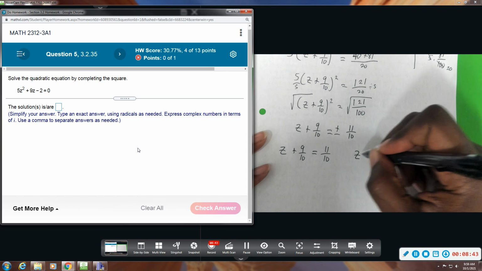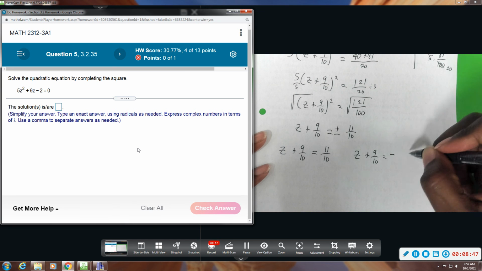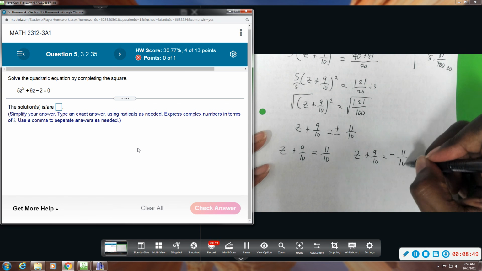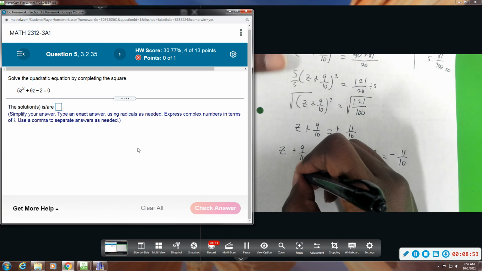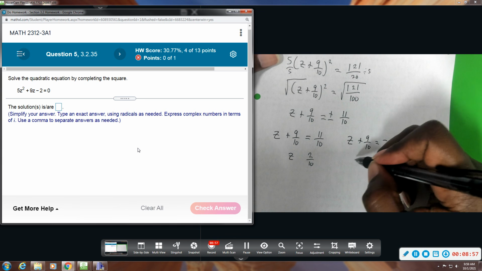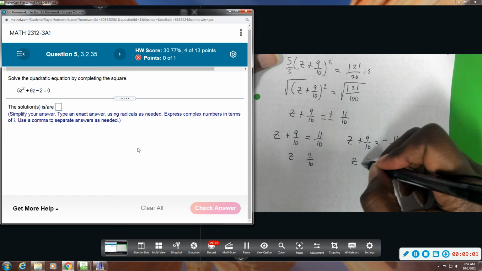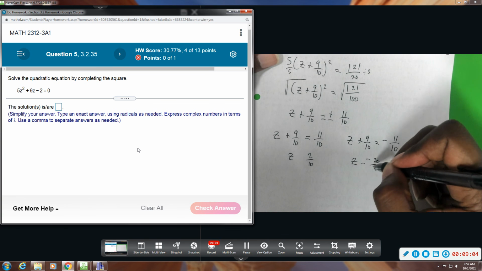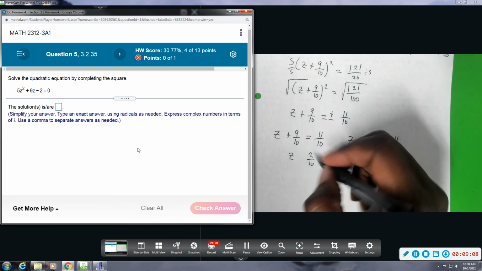And then z plus 9 over 10 equals negative 11 over 10. So you subtract the 9, and that will give you 2 over 10. And negative 20 over 10, which is negative 2. This reduces to 1/5.